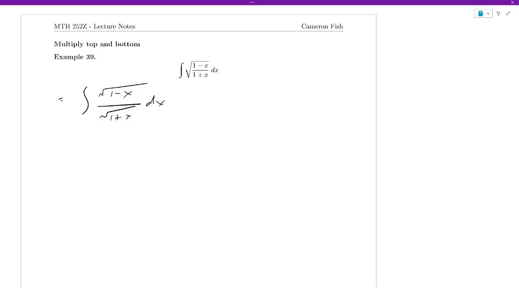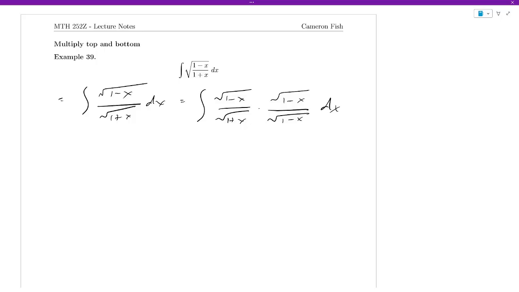And a trick that is surprisingly useful is to take your fraction and multiply on the top and bottom by something. So you're always allowed to multiply on the top and bottom by the same thing, whatever your choice of same thing is, because that's like times by 1.